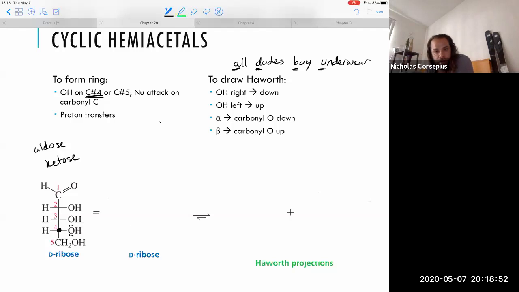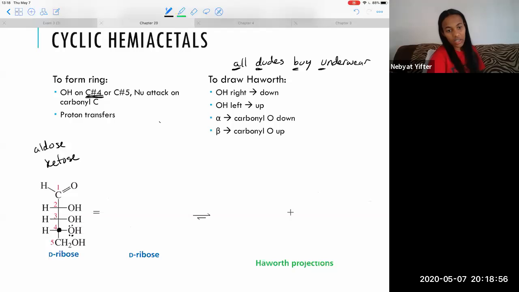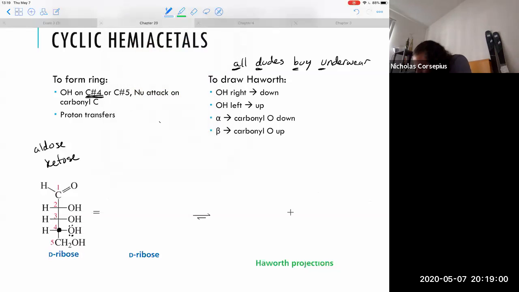The electrophile is, of course, going to be the carbonyl carbon. And we'll worry about what happens with these alcohol groups here in a second. Let's just focus on drawing our 5-membered closed ring for now.